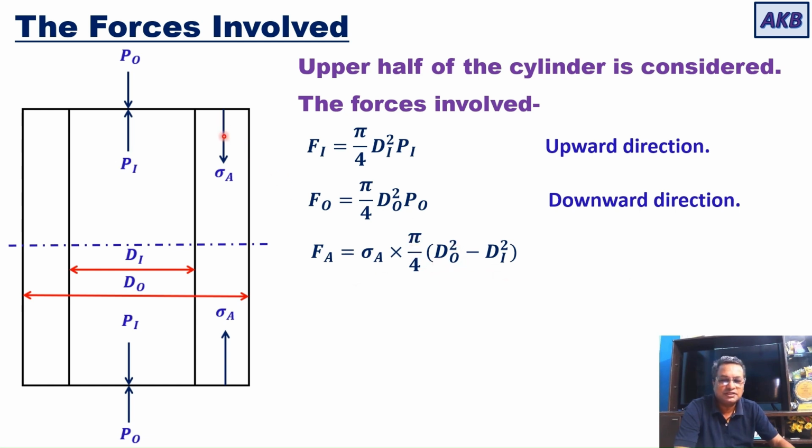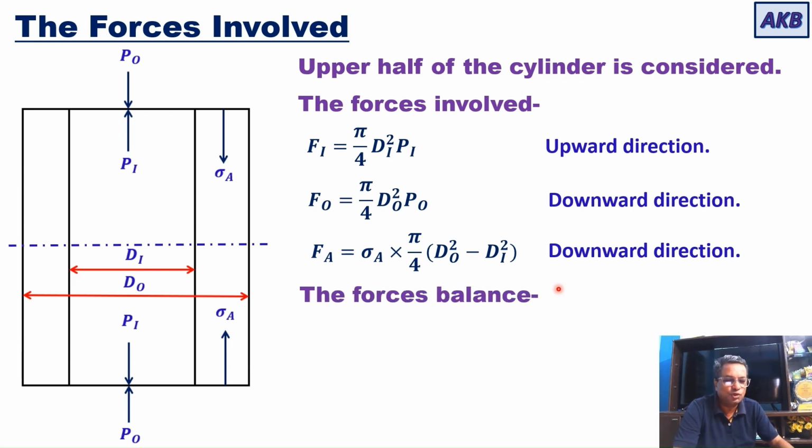Since we are considering the upper half, the force in the upper half will be acting in downward direction. So for the upper half of the cylinder, three forces are involved: Fi acting in upward direction, Fo acting in downward direction, and Fa again acting in downward direction.